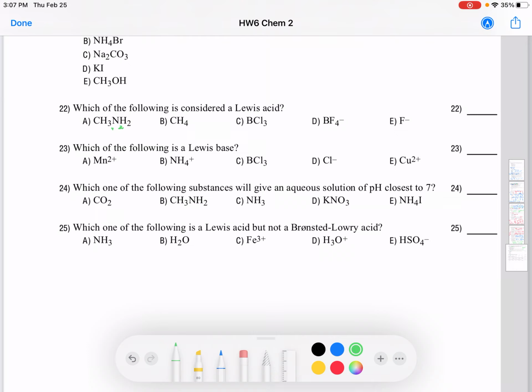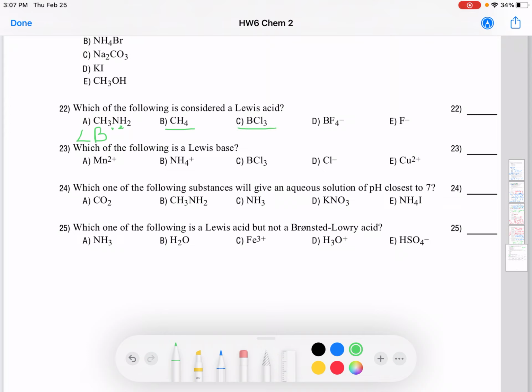So methylamine is in fact a Lewis base as well as a Bronsted-Lowry base. CH4 will not act as an acid or base because it has a full octet on carbon. It's neither going to donate a lone pair of electrons nor accept one, right?